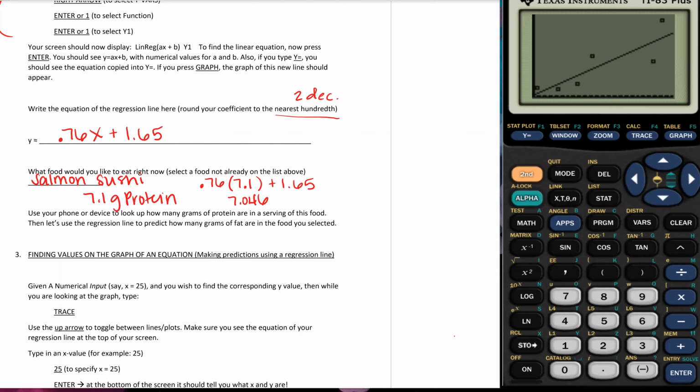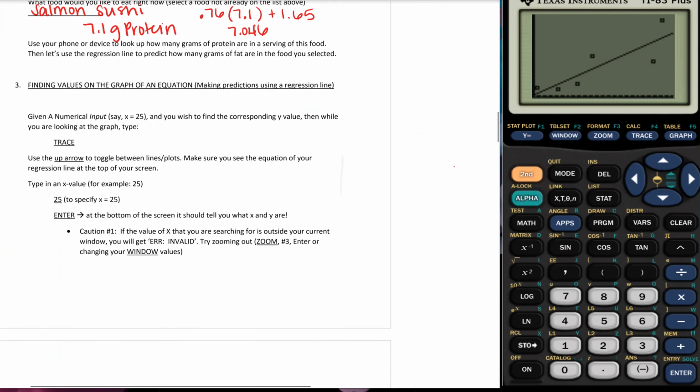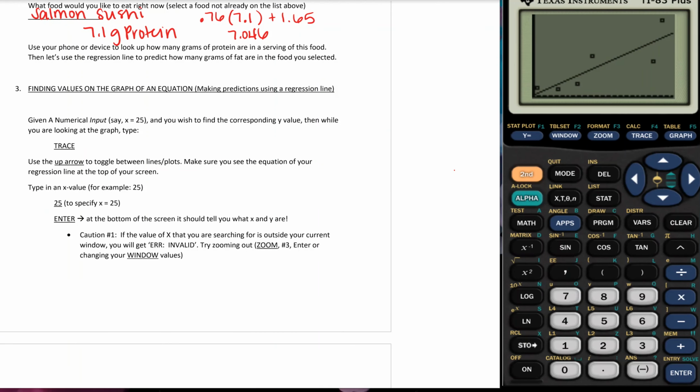Now, I'm going to show you a slightly different way than what is given here. I'm going to show you a really fast way to get the answer using your table set. So I'm going to tell you to hit second window, right? So second, and it's not actually window. Anytime you hit the second button, you're actually going to look for the yellow button that gives you yellow words.